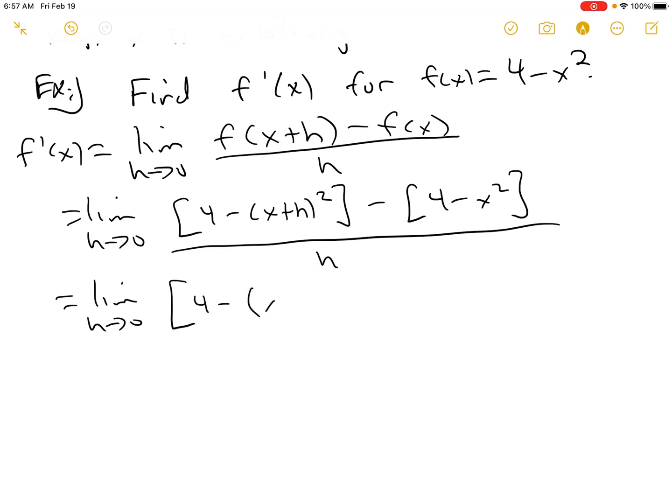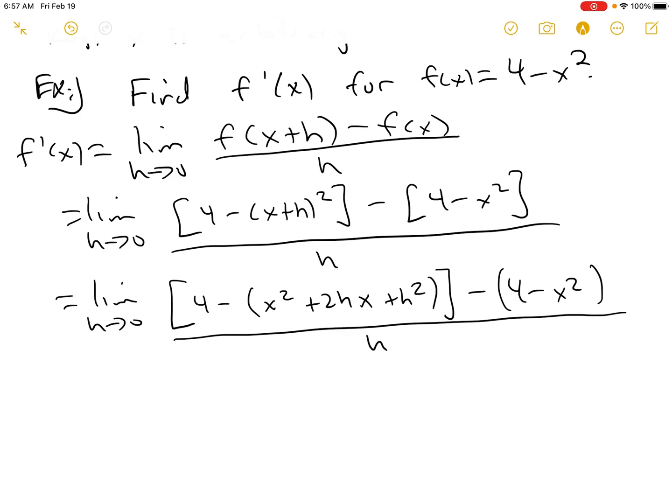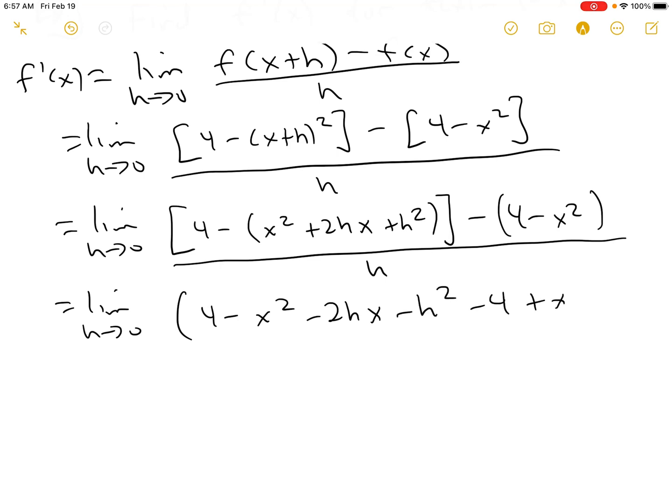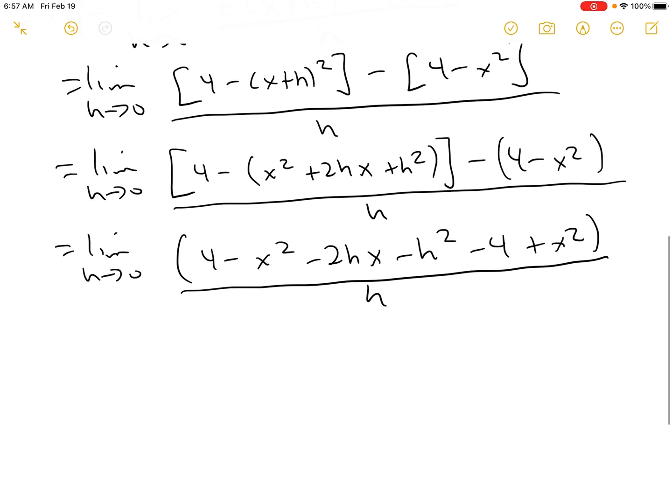Doing our FOIL, this is x squared plus 2hx plus h squared minus 4 minus x squared all over h. And this becomes the limit as h approaches 0 of 4 minus x squared minus 2hx minus h squared minus 4 plus x squared, not forgetting to distribute the negative, which was the topic of algebra correct number 1.